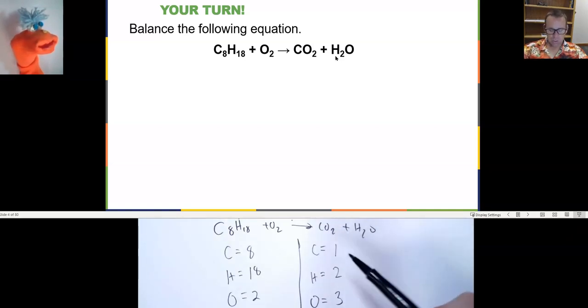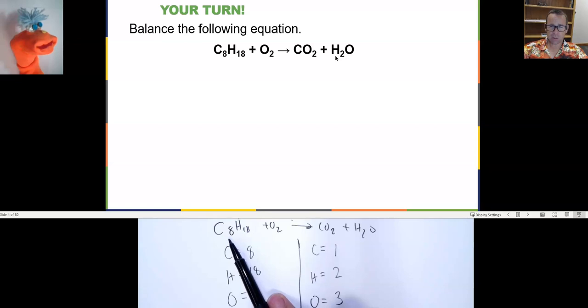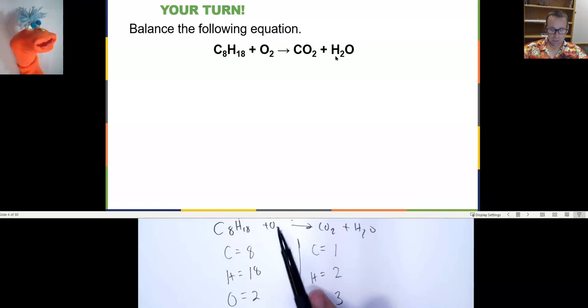So I can choose to start anywhere. Now, one thing that you will learn over time is if on either side I have something that is elemental, meaning there's just one kind of element in that state, in this case it's a molecule, usually, I save that to balance for last.